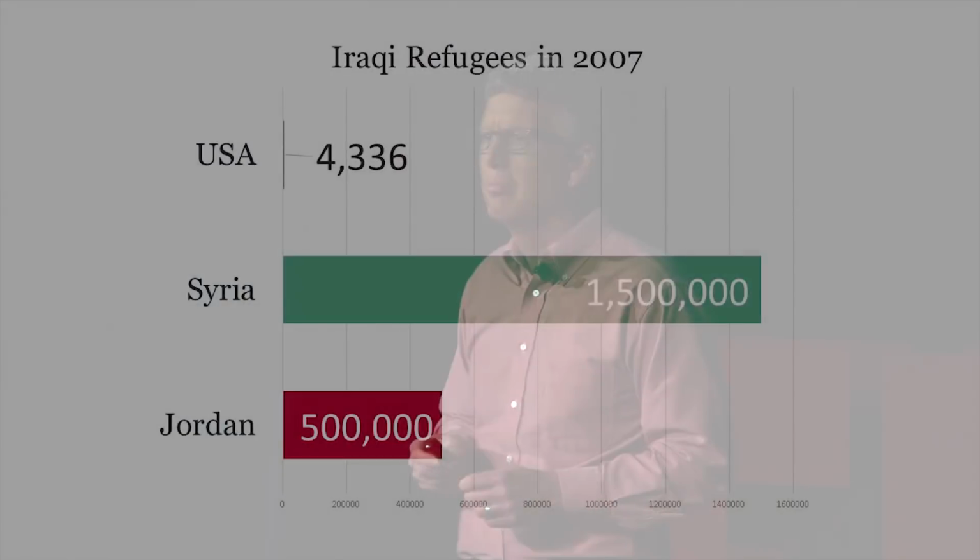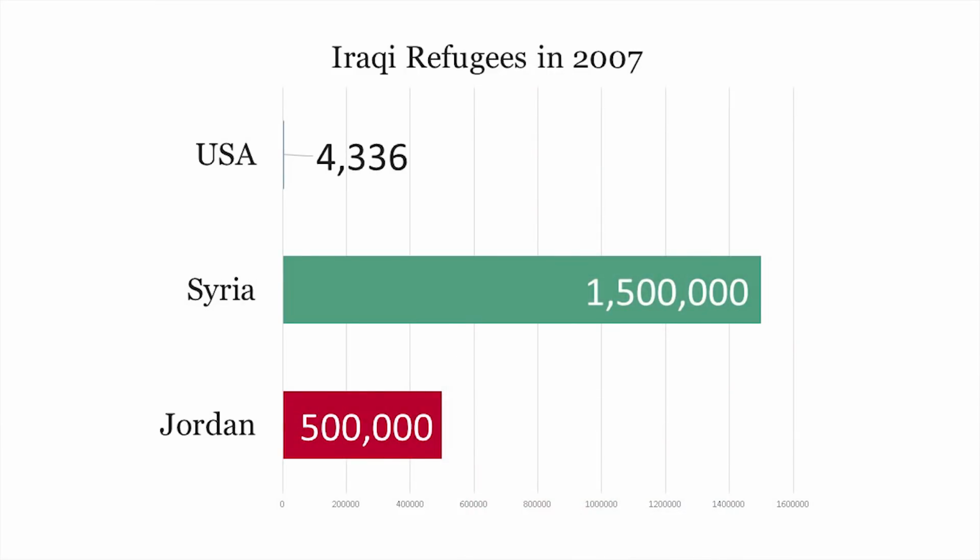Where do refugees flee to? They usually flee to the country next door. So in a 2-year span, Syria, next door to Iraq, took in 1.5 million refugees from Iraq. Jordan took in 500,000.